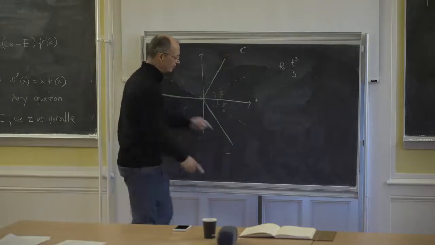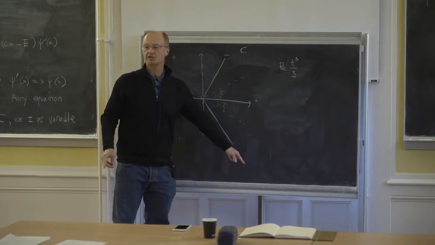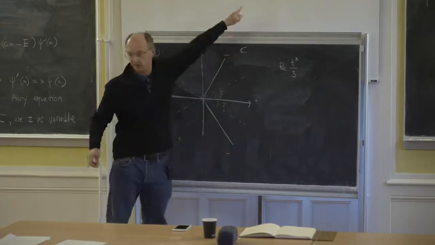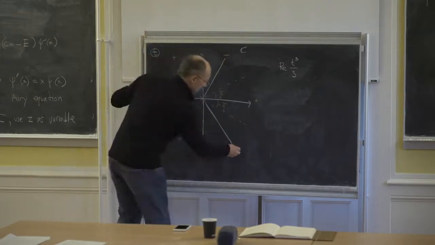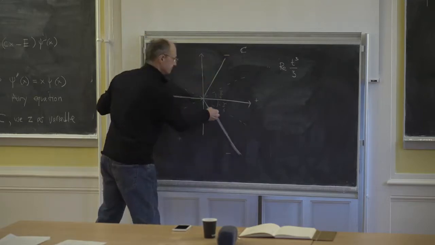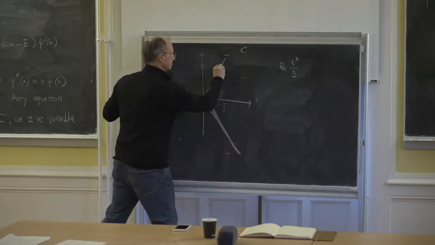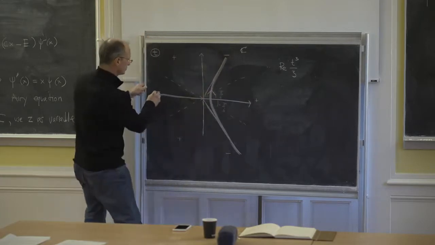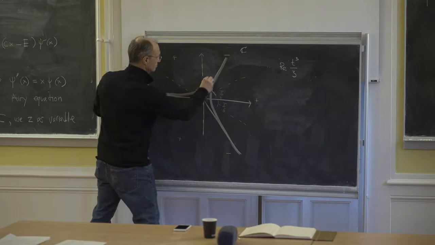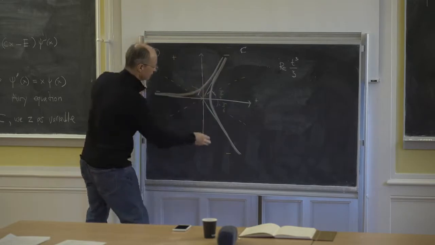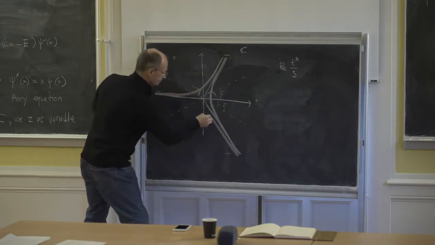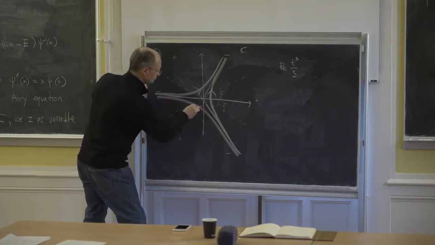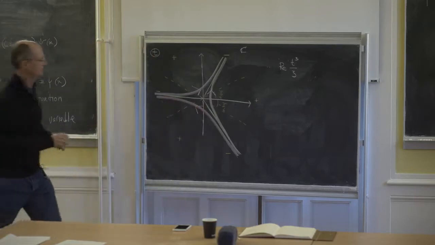So a curve will be coming from infinity in one of the sectors and going to infinity in the other sector. So this will be one curve. This will be another curve. And this will be the third curve.